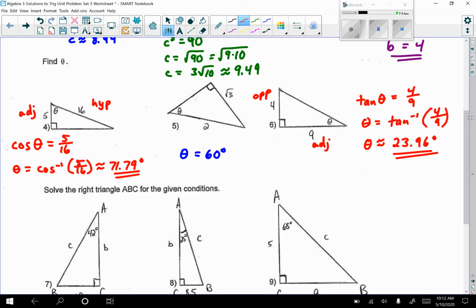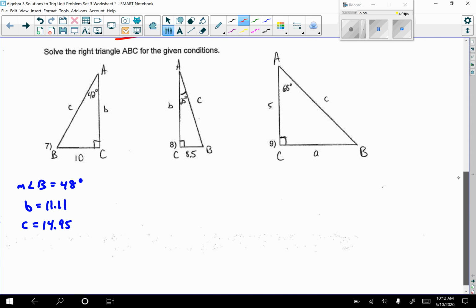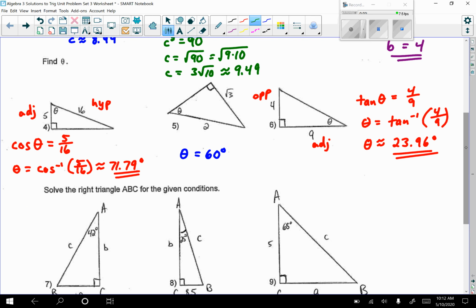All right, for the next quite a few problems, we have to solve for the entire triangle. When it says solve the right triangle, we're trying to find everything else that's missing. We did number 7 together in the lesson, so let's take a look at 8.